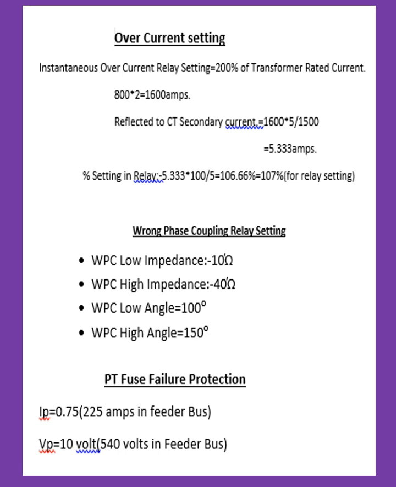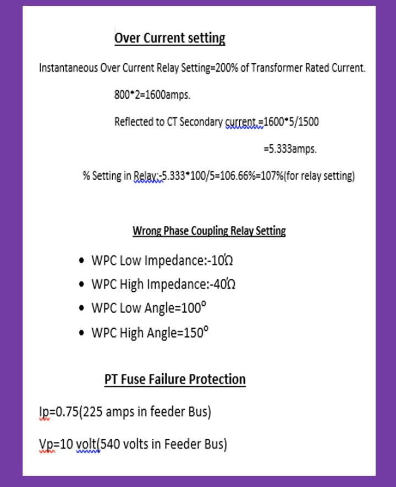So we are taking 200%, as 800 is the rated load current of the feeder side. So it is coming around 1600 amperes. Reflected to the CT secondary side, we multiply by 1 by CT ratio, that is 5 by 1500, giving 5.333 amperes.